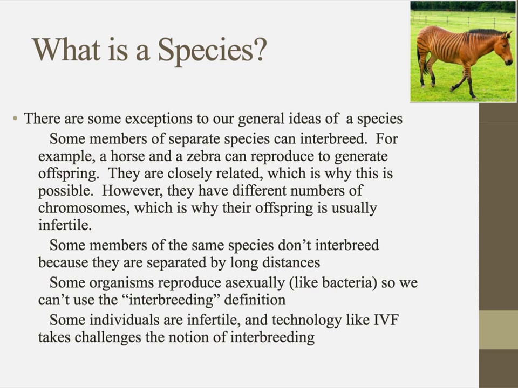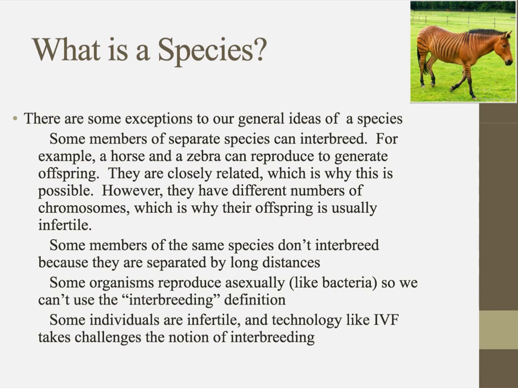We can't really do this with a whole lot of species because you have to have a similar number of chromosomes and similar genes. But it is possible in a rare number of cases, like ligers and zorses, to produce offspring that isn't fertile between members of separate species. But again, not the same species, since they're not producing fertile offspring.